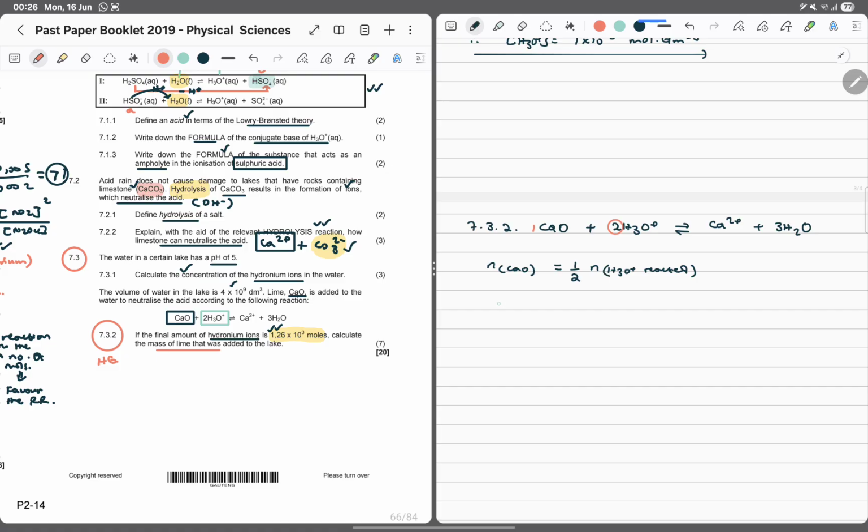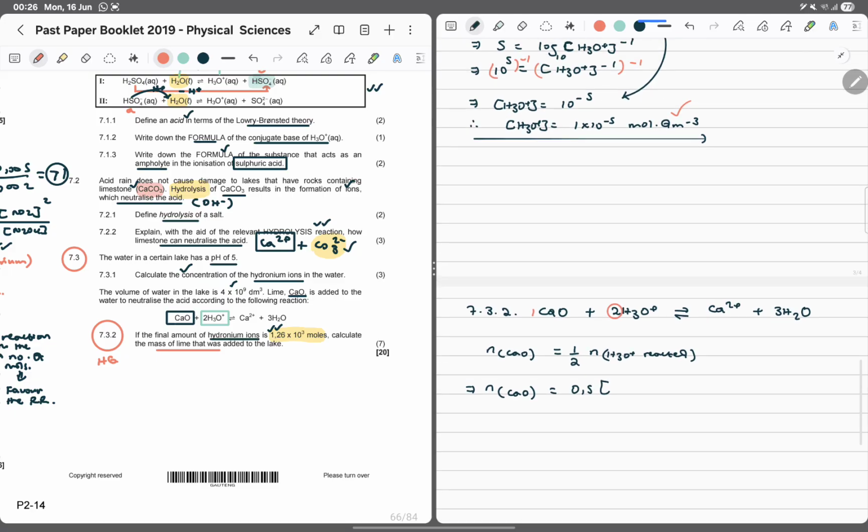Nice. So this implies that the number of moles of calcium oxide is going to be 0.5 times, now what was the original number of moles? Well, we did not calculate them. Okay, so we need to calculate the number of moles. Now we know that concentration is number of moles over volume, therefore number of moles is concentration times volume.